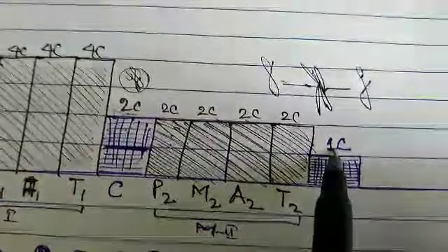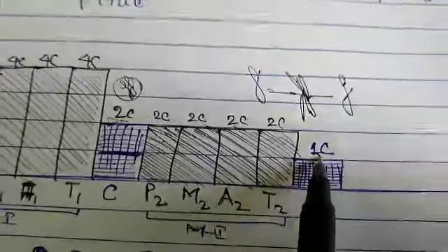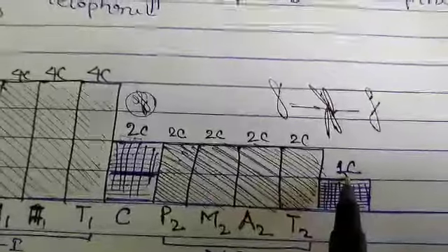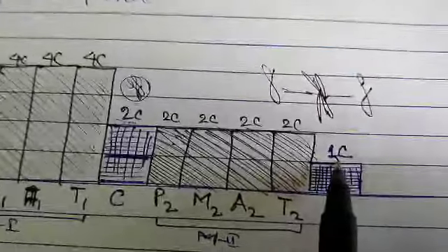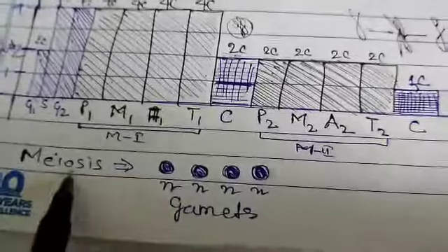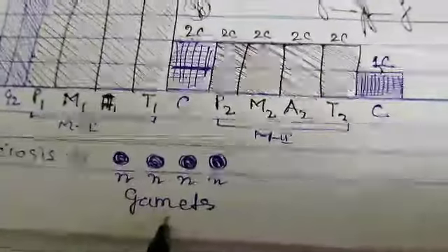So we get 1C, 1C. But in mitosis, we found the daughter cell having 2C, because somatic cells have 2C, one set from the father and one from the mother. And now the DNA is 1C. So in meiosis, one mother cell divides to form four daughter cells.